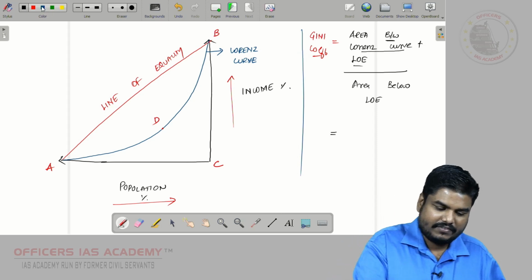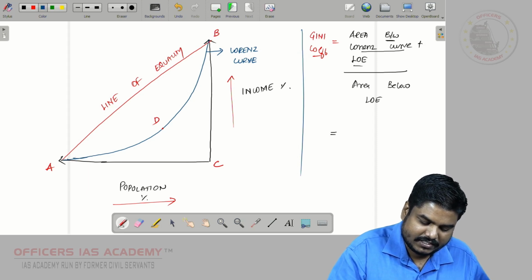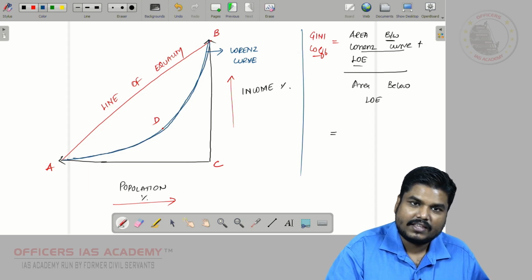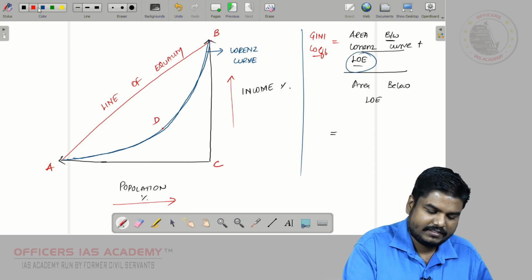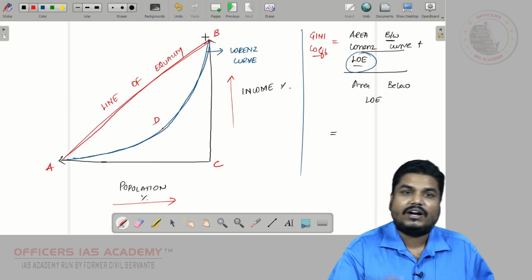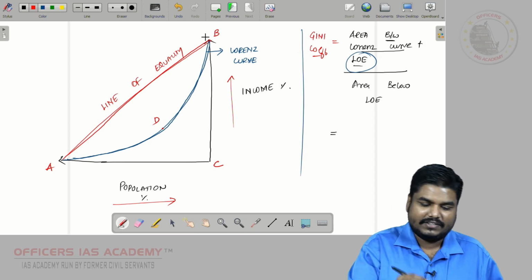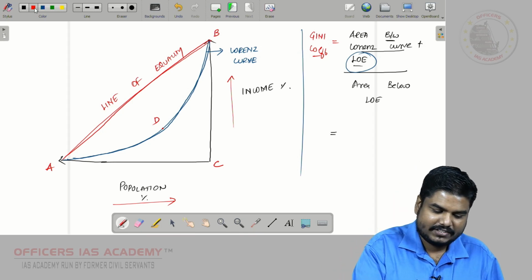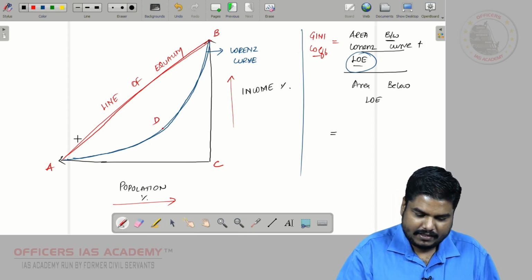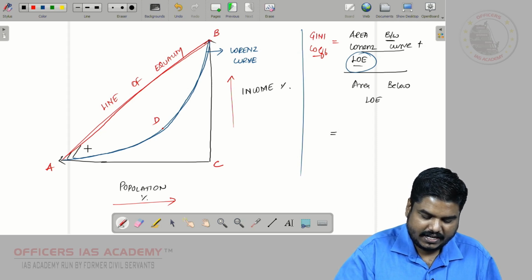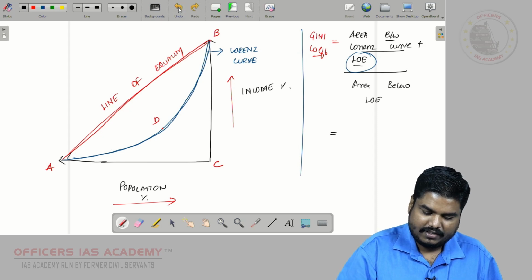So what is the Lorenz curve here? This blue curve is the Lorenz curve. What is the line of equality? This red part is the line of equality. What is the area between the Lorenz curve and the line of equality? It is this shaded region, or this dotted region.